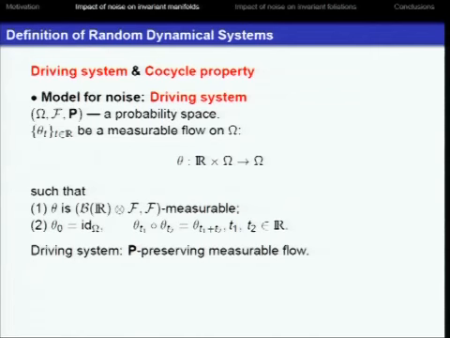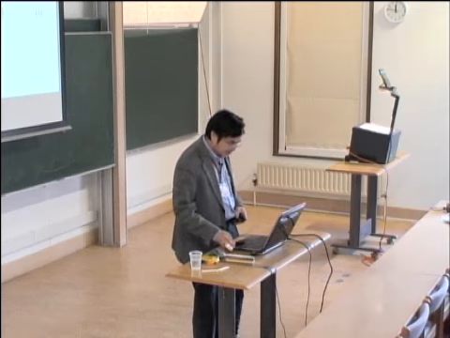However, it preserves the probability P here. It does not have to be ergodic, but it preserves the measure P, or P is the invariant measure. In other words, theta t is also deterministic, but a measurable dynamic system with an invariant measure.